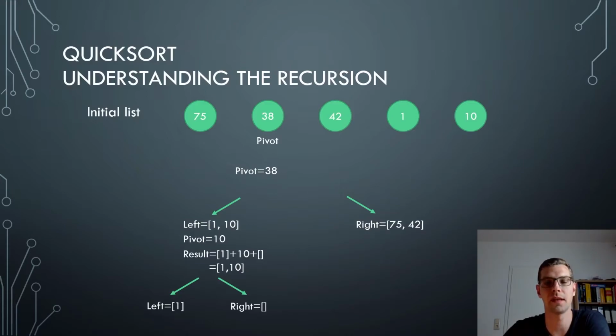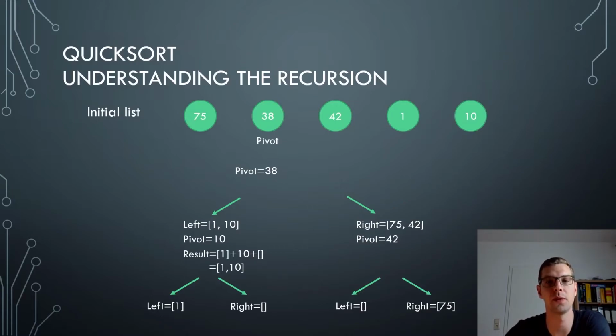Okay, so we are done with our recursion in this node, so we can go to the next node in our stack. Well, we have to choose a pivot element again, and then we build our left and right list. The left list here is empty because 75 is bigger than 42, and in our right list is 75.